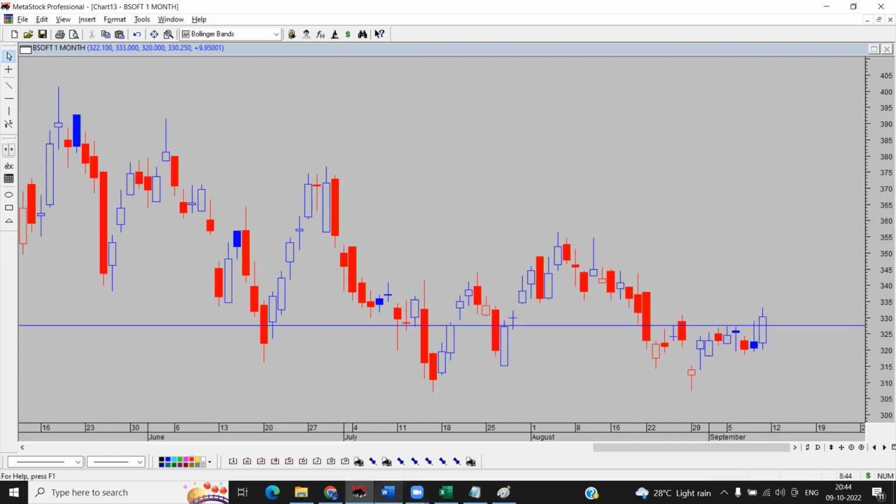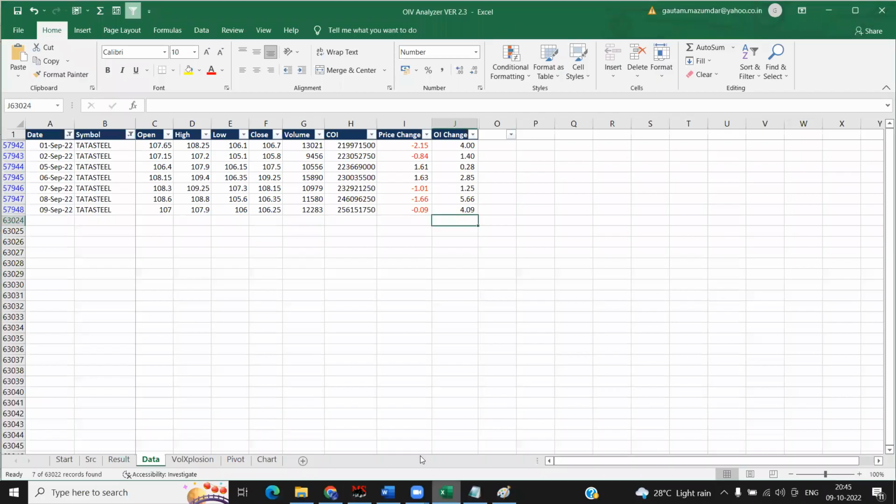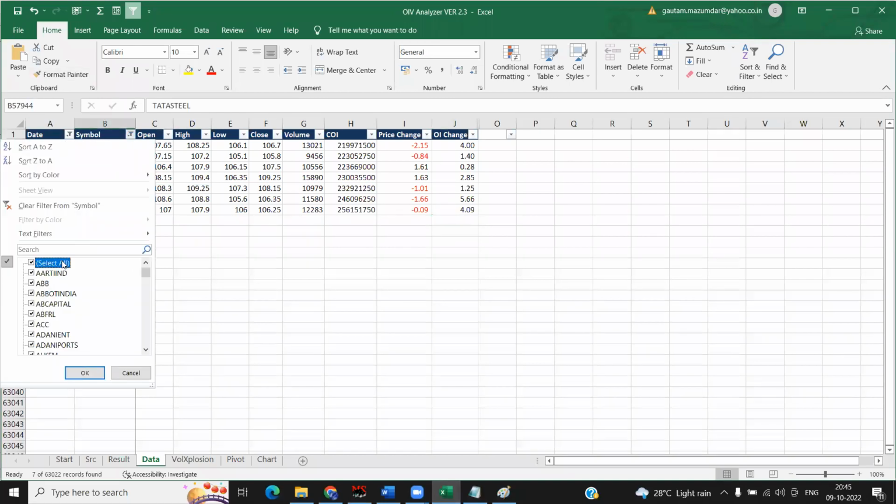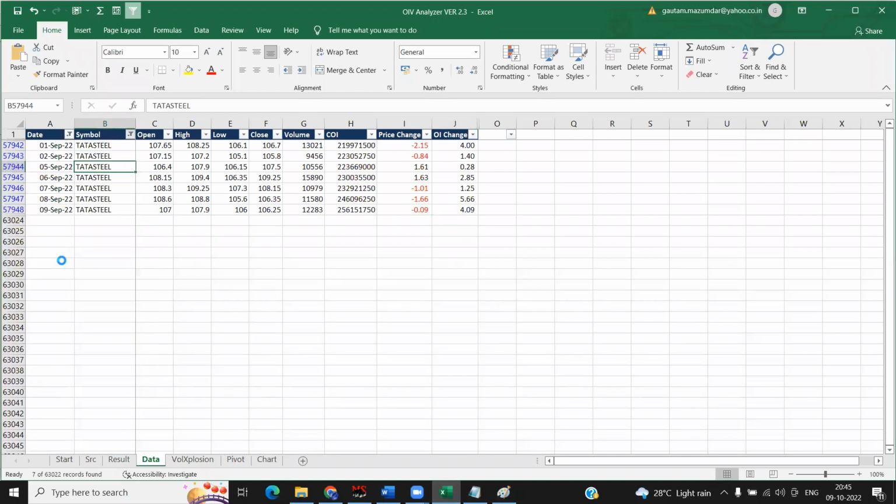Why we are discussing B-Soft is that open interest buildup was taking place continuously. That is why this particular counter interests me a lot.